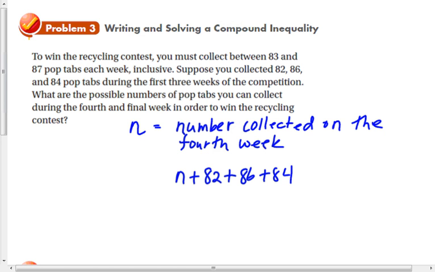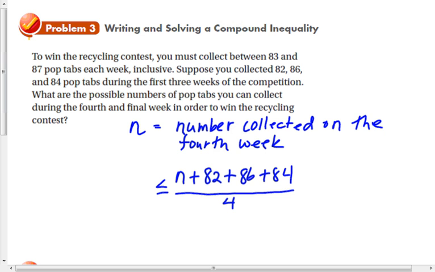And then to find out the number we collected each week, it's really an average of how many we collected each week. We need to divide by the number of weeks. Now we want that to be between 83 and 87, including 83 and 87.